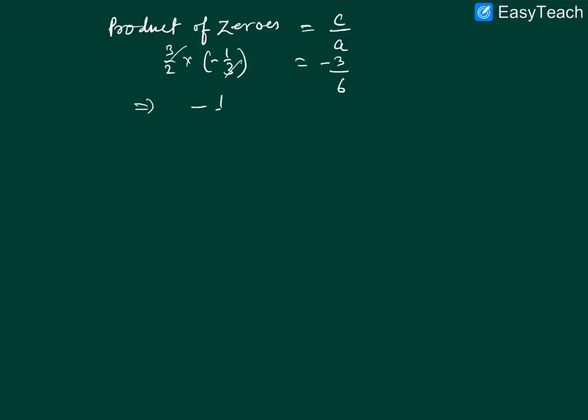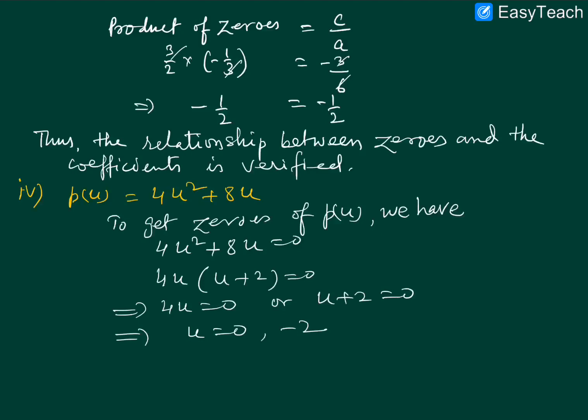So, on the left hand side the result is minus 1 by 2 and here also minus 1 by 2. Thus, the relationship between zeros and coefficients is verified.